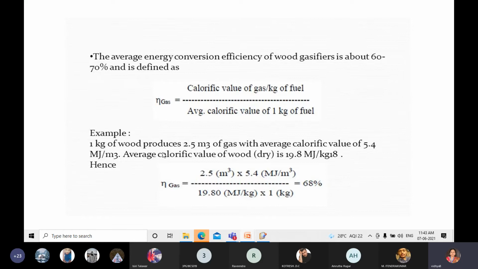For example, if you take 2.5 meter cube, that is 2.5 into 5.4 into 10 to the power of 6 megajoules per meter cube, divided by 19.80 into 10 to the power of 6, you will get 68%. This is the calculation of average energy conversion efficiency.